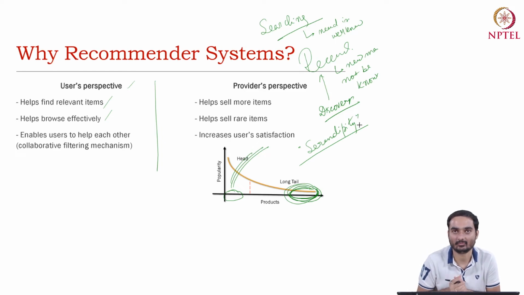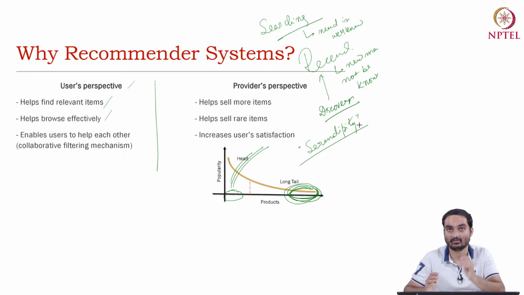Serendipity is a phenomenon where you are looking for something and you end up getting a completely different product or entity or searched item which you liked at the end of the day, and this end product has nothing to do with the search term that you gave earlier. That is called serendipity. It's a completely unorthodox discovery.